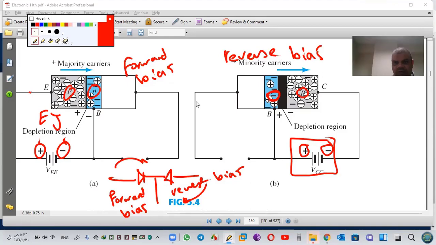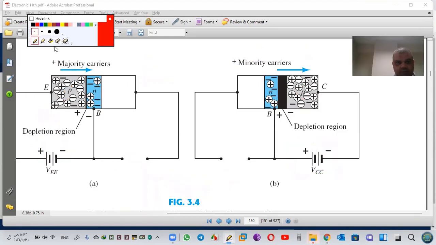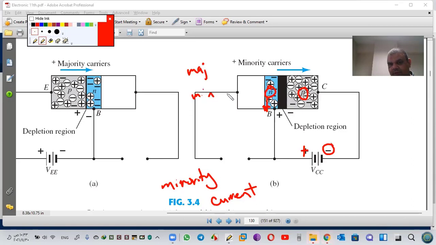Let's see this one. What about current here? For this one, positive with negative, and here negative with positive. As you know, in reverse bias we have minority current. Here in N we have majority and minority carriers: electrons and holes.